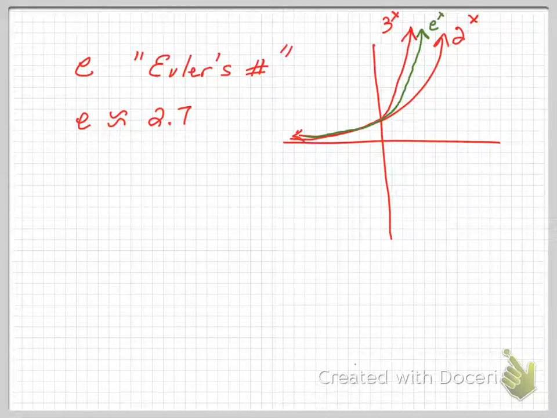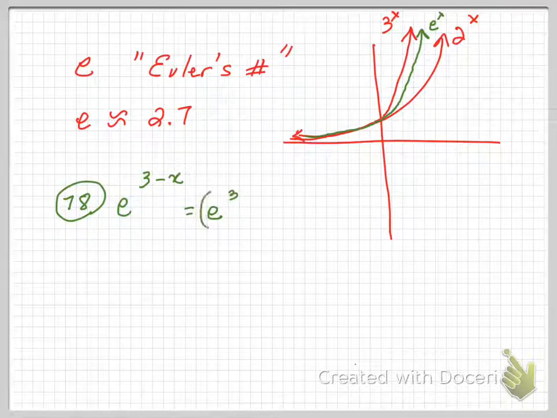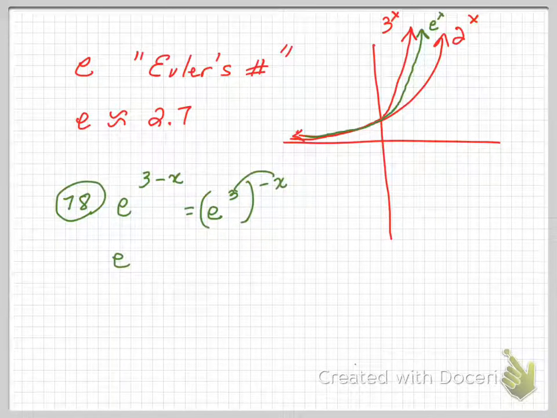Solving equations with the e. Let's do number 78 in your book. So we have e to the 3 minus x equals e cubed to the negative x. Remember we need a for both bases. First of all, we have to get rid of those parentheses. So we have e to the 3 minus x equals e to the negative 3x.